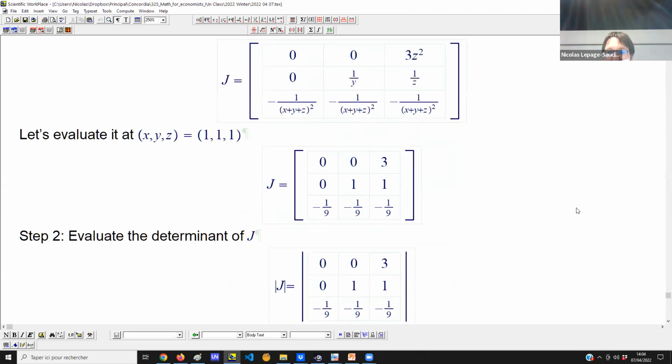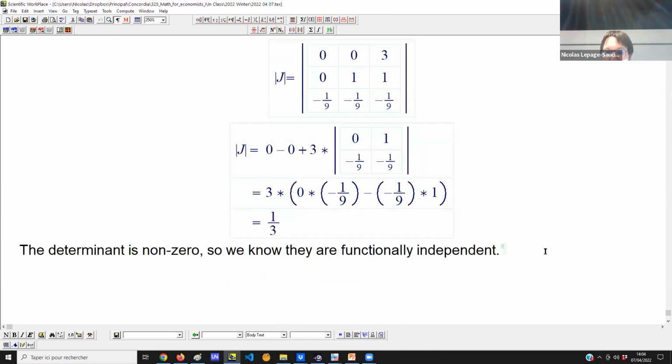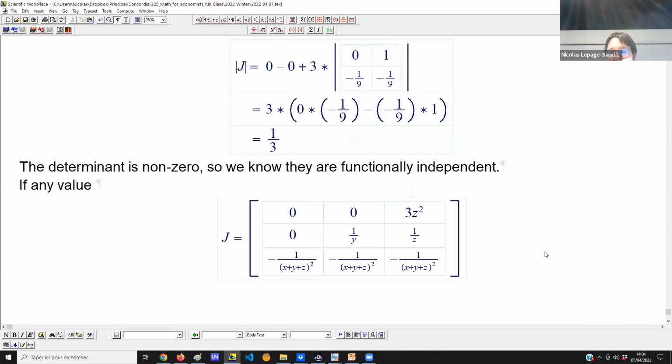I'm just curious, just for fun, if I don't evaluate them at some value, just what I would get. There's no profound meaning in this.